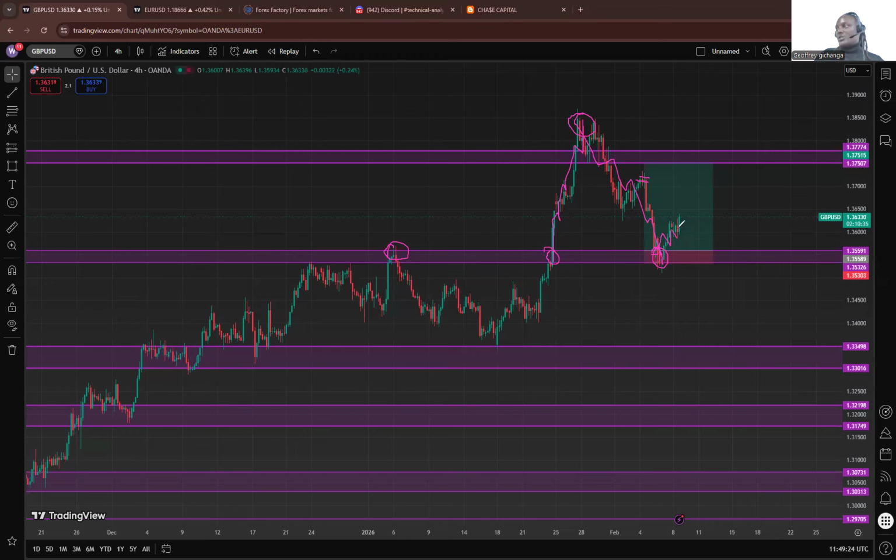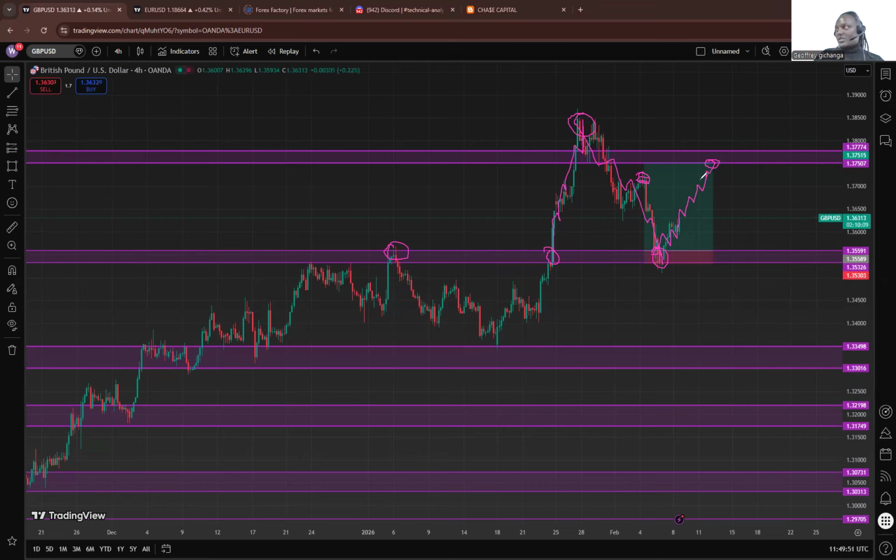Now we are seeing this scenario confirming the bullish reversal. With this one, I'm expecting to see price rally all the way to these highs here, and there are these areas of 1.37500 based off this. I'm looking at price coming to those areas of interest.